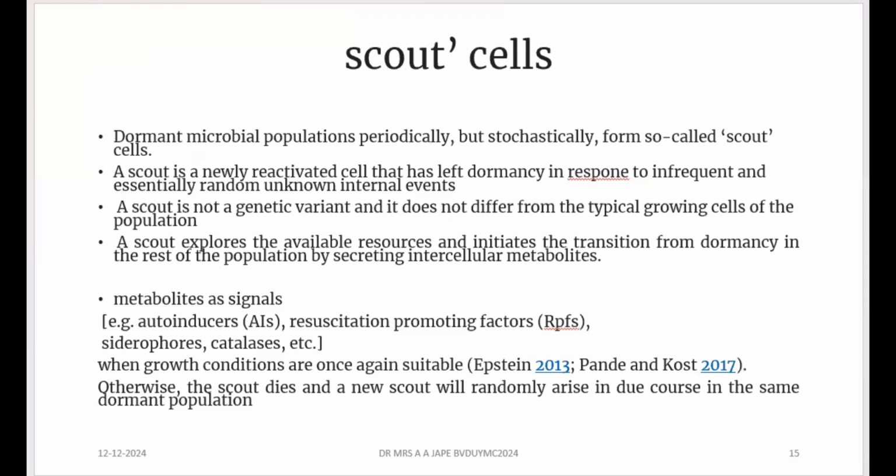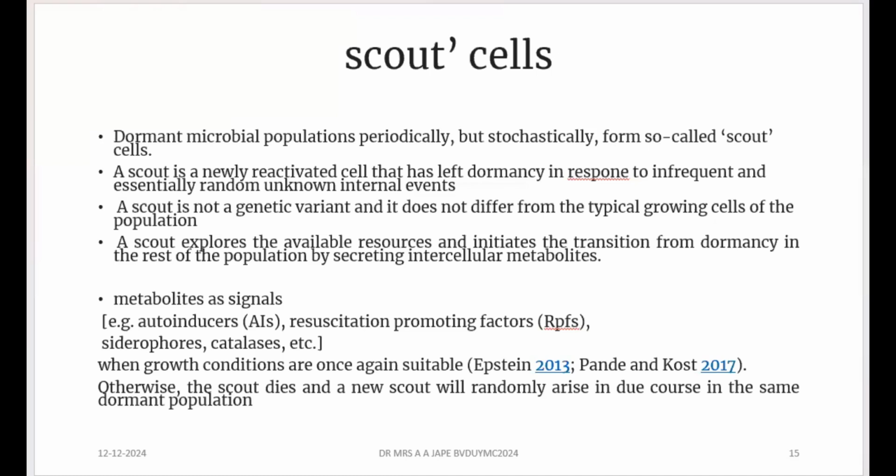And every now and then a cell is not going to undergo sporulation, but it depends on starvation and temperature and so many factors together. So a scout is a newly reactivated cell that has left its dormancy in response to infrequent and essentially random unknown internal events. Unknown, random, but essential events. These are the three words.